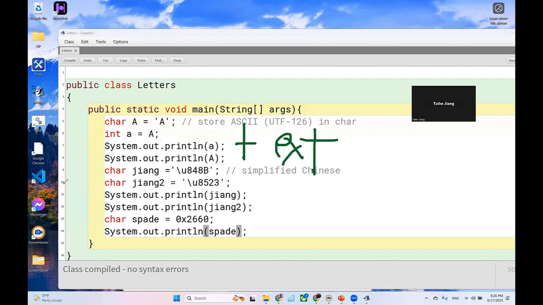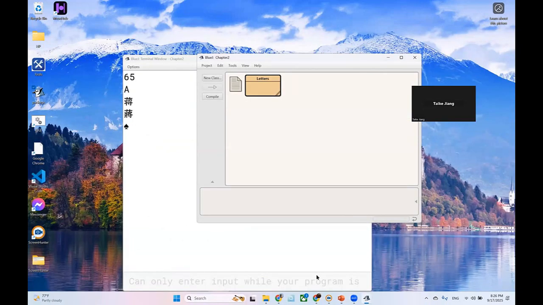Now we go back to numbers. So number, we have integer, char, short.